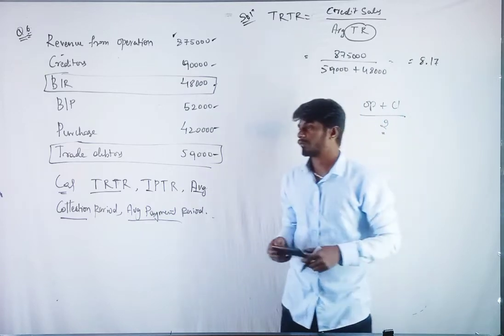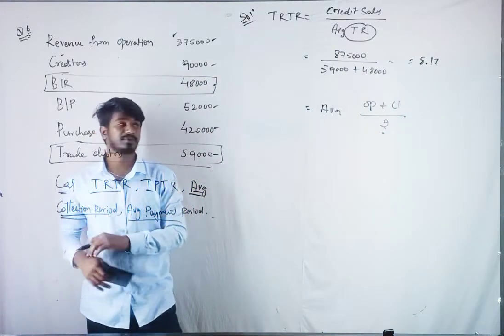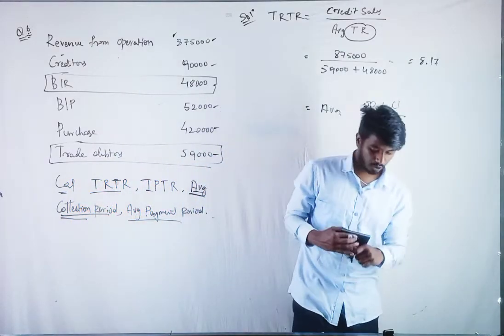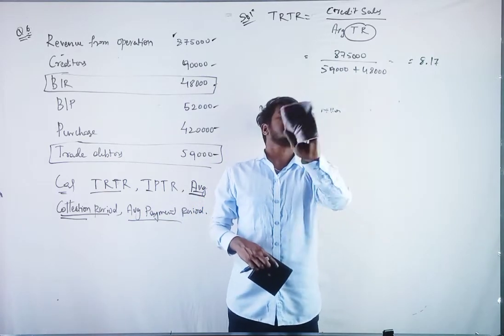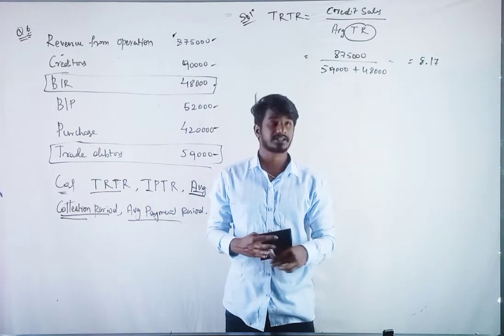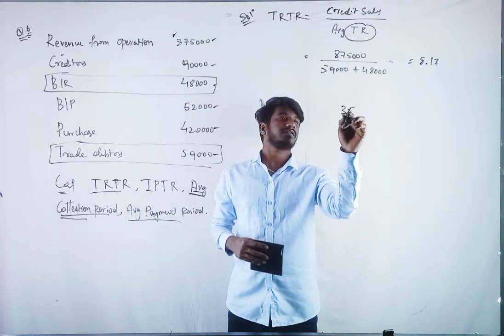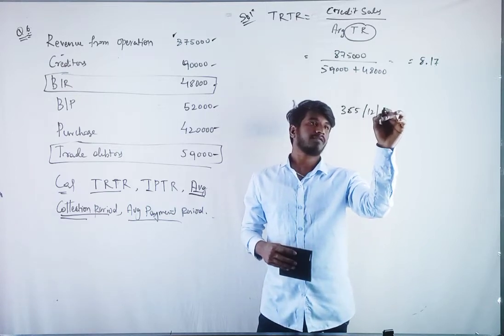Now they have given average collection period. Average collection period means in how many days or months or weeks we will receive the amount. We can calculate in days, months or weeks.